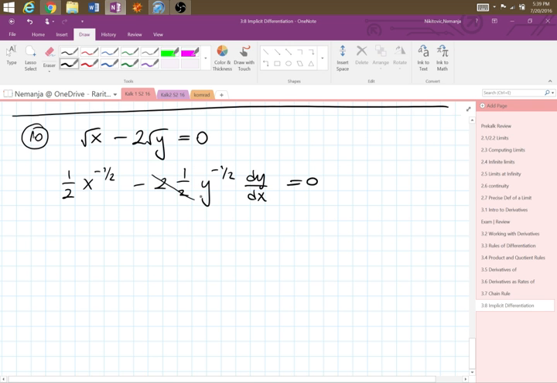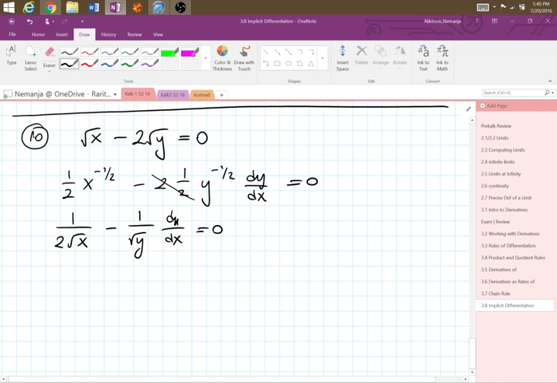Now these guys cancel. So I have 1 over 2 root x minus 1 over root y dy/dx equals 0.